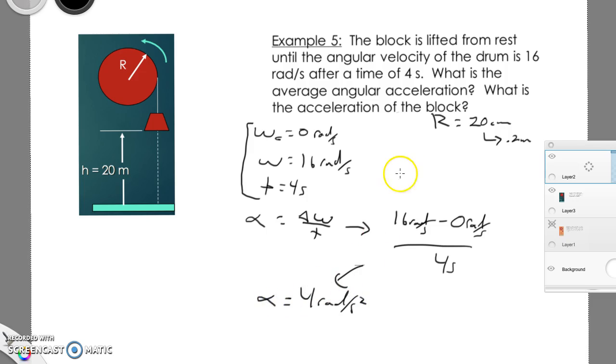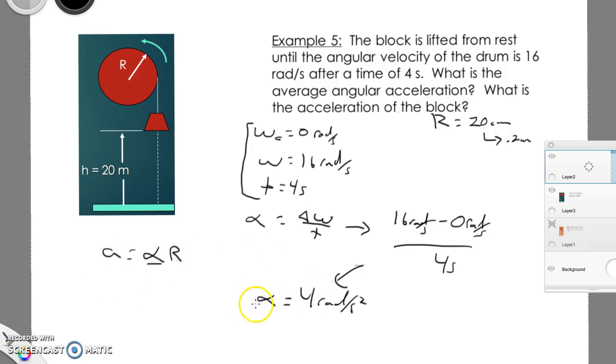Alright, well, it's also asking for the acceleration of the block, which would be the linear acceleration. Well, we can do this too because we know that acceleration is equal to alpha times r. So anytime that we have the angular quantity, if we multiply by the radius, we get the corresponding linear quantity.